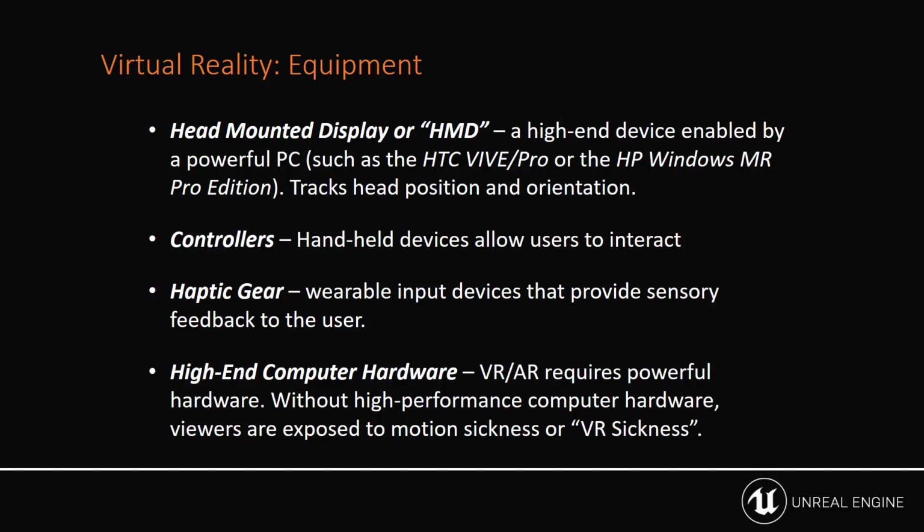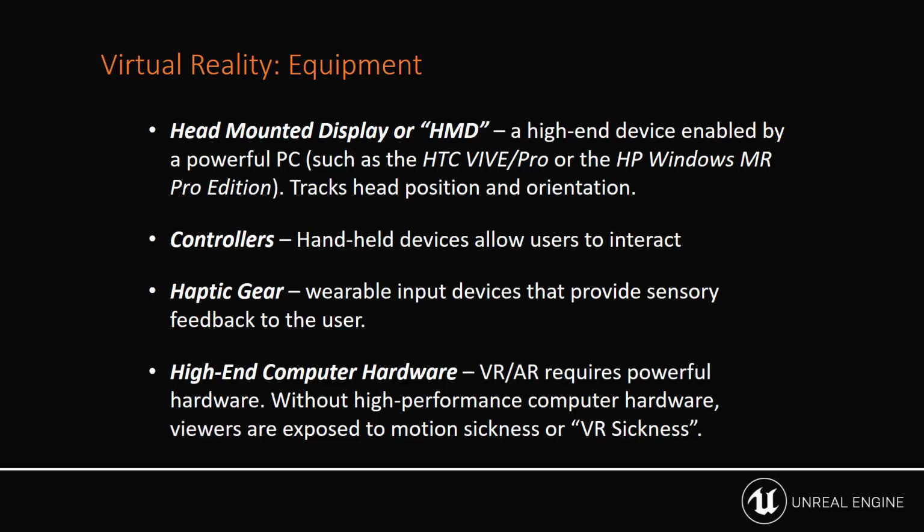And this typically is a high-end device enabled by a powerful PC or some hardware that will allow us to run that. Something like the high-end performance workstations that HP puts together for us, running some of the AMD Radeon Pro cards that are really tuned to enable virtual reality to run at the high performance rate that we need it to run on.